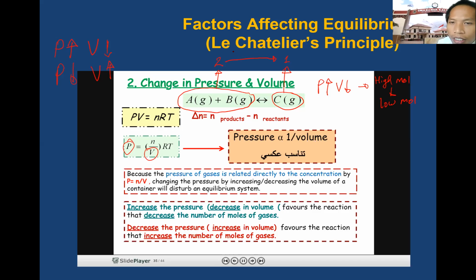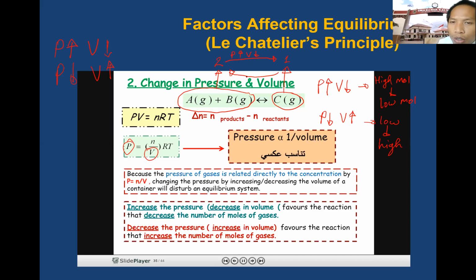That is if pressure increases and volume decreases. And if the opposite, pressure decreases and volume increases, then the shifting will be from the low to the high. So in this reaction, if I decrease the pressure and increase the volume, it will go to the left.